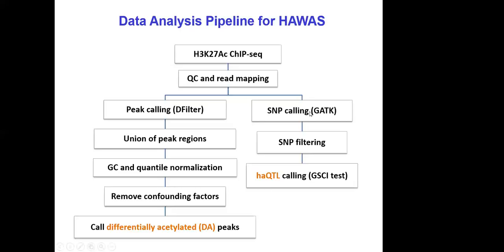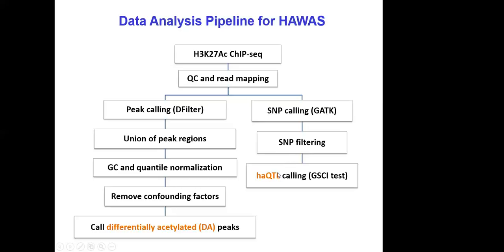So our second pipeline is what we call haQTLs, histone acetylation QTLs. Some of you might be familiar with expression QTLs. Expression QTLs are genomic loci, say SNPs or indels or something, that correlate with population variation in gene expression.